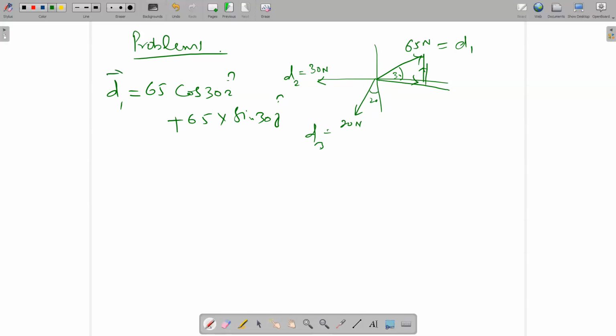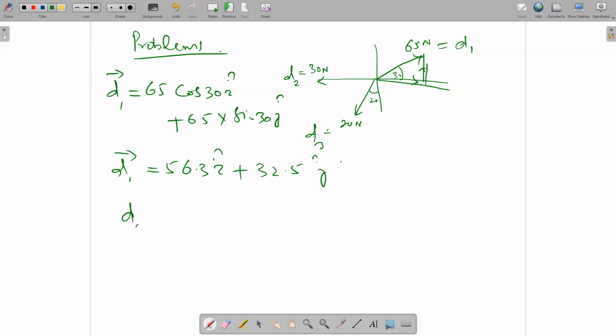If you solve this, I'm just writing the answer because I have solved it, the answer will be 56.3 i plus 32.5 j. So this is our D1.